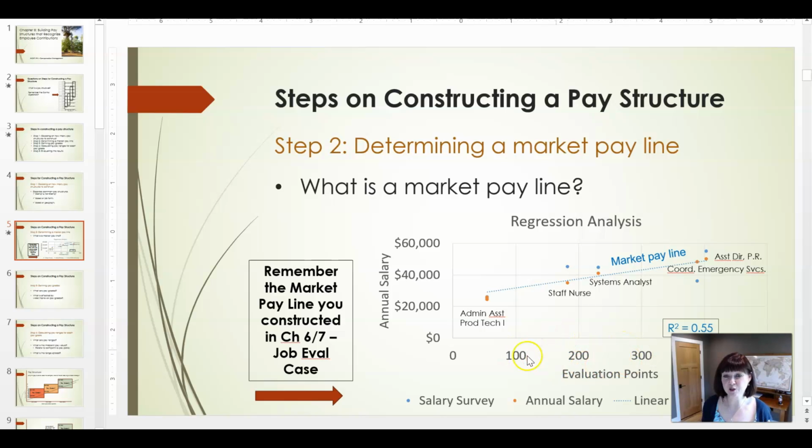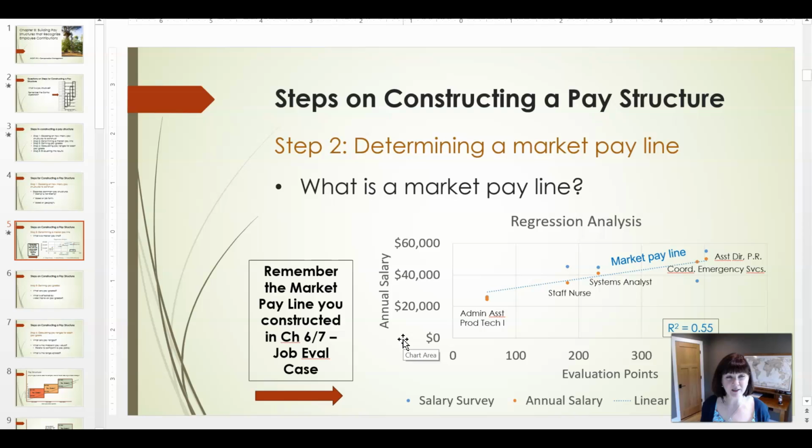This is the internal side, the job evaluation points that we have assigned based on our job evaluation, and then we're comparing that to the annual salary out in the market.